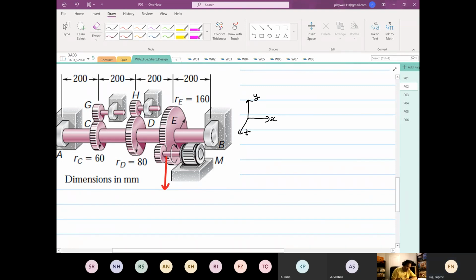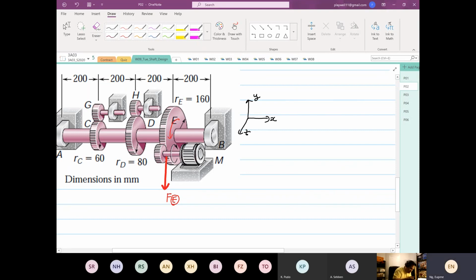Okay. So gear E will also rotate in the same direction. So this will be how the force at gear E will move. If you see the direction, we know that gear E will rotate in this direction.